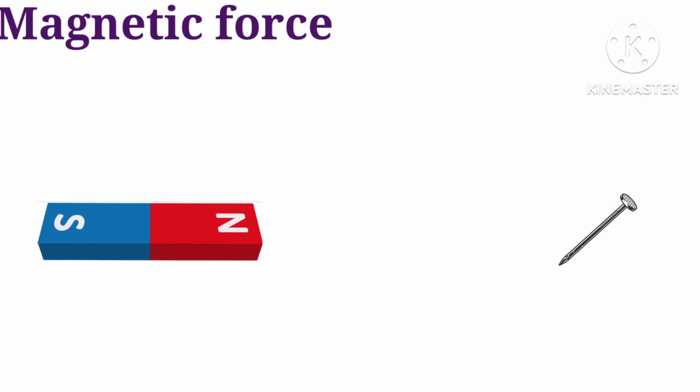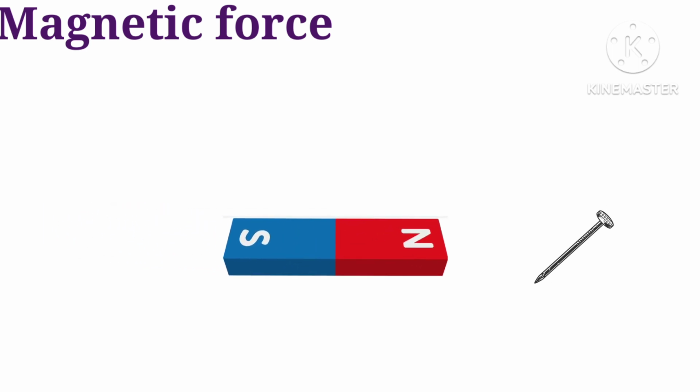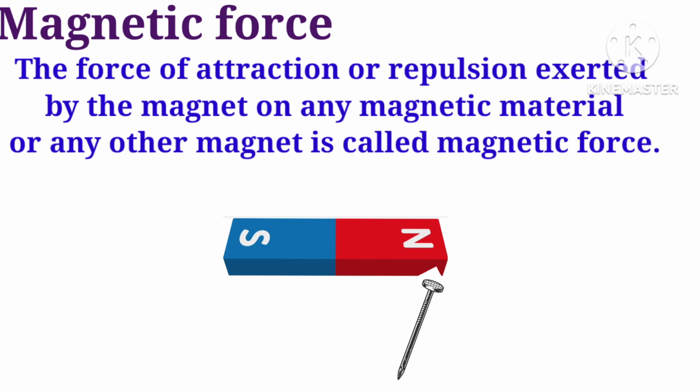After some time, you will see that the iron nail got attracted towards the magnet, though they were not in contact. How was this possible? This was possible due to the magnetic force exerted by the magnet, which attracts the iron nail towards itself, though they were not in contact. And this is what the magnetic force is.